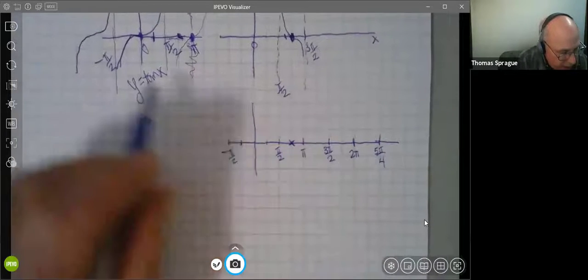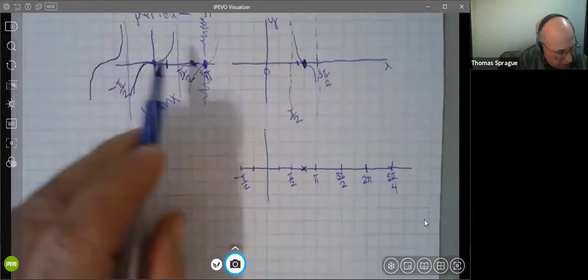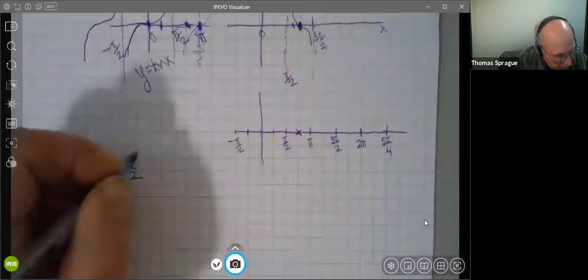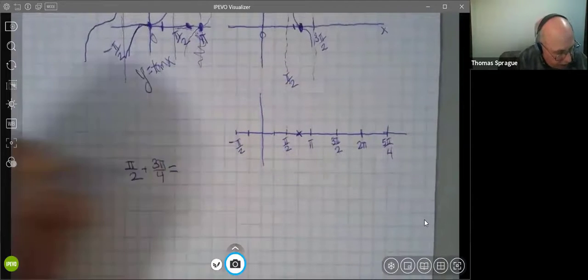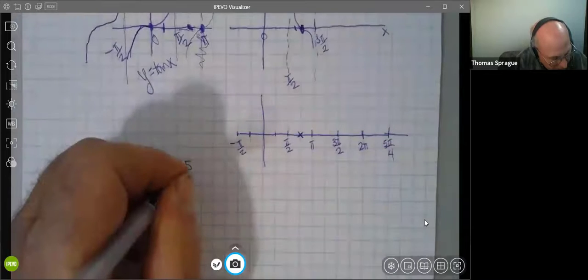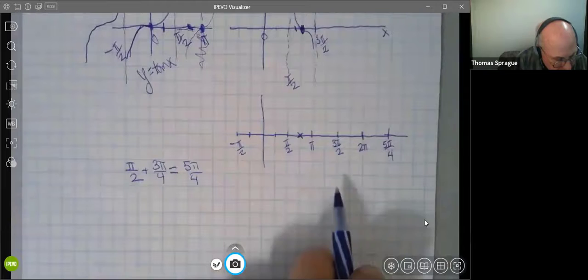Then I want to find out what happens to my asymptotes. Pi over 2, I have to shift that right by 3 pi over 4 units. And so this is 2 pi over 4 plus 3 pi over 4 makes 5 pi over 4. Right here.